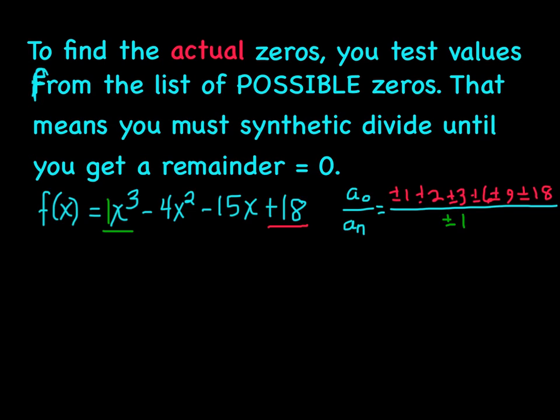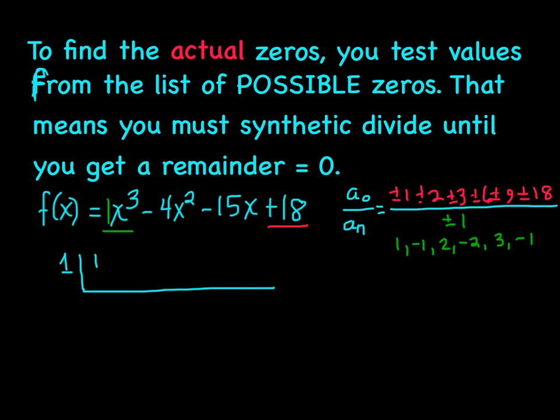Okay, so we're going to test. And if I started listing all of these, I would have 1 over 1, I'd have 1 over -1, I'd have 2 over 1, 2 over -1, 3 over 1, 3 over -1. So I'm going to start at the beginning of my list, and I'm going to synthetic divide, starting with my first one.